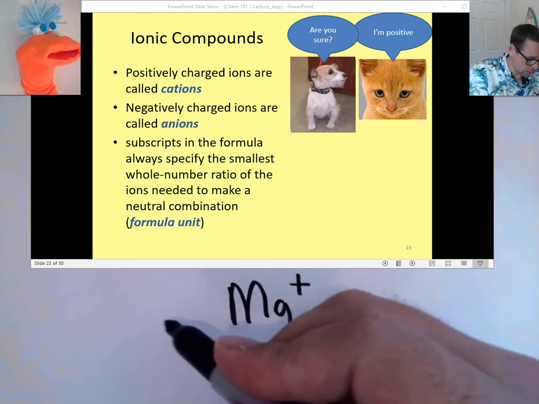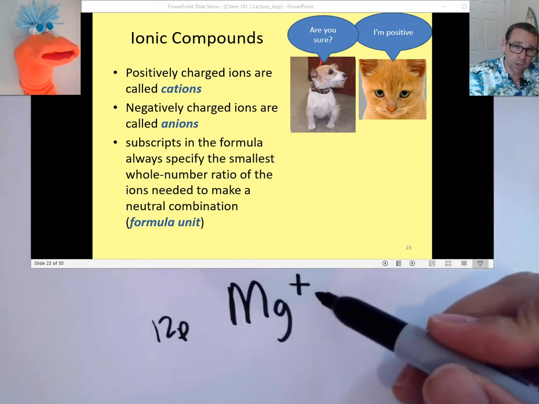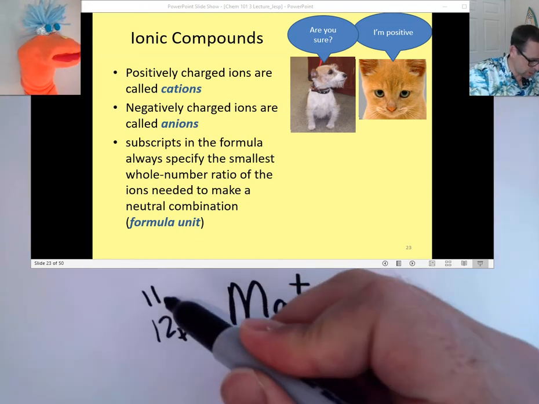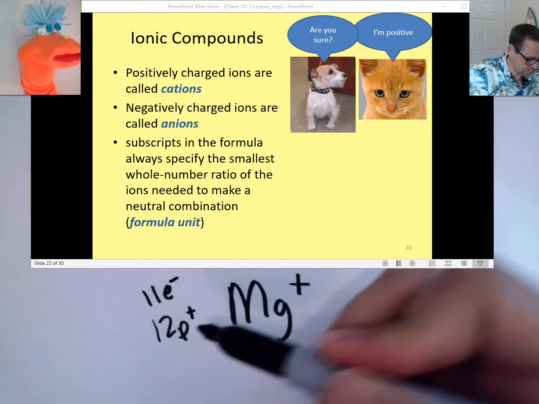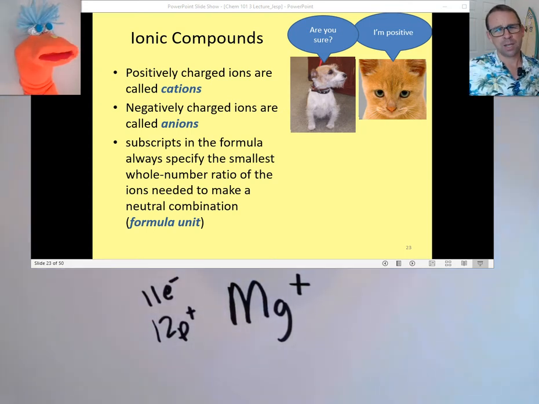So we had 12 protons and 12 electrons, but now with the positive charge, it's indicating that we only have 11 electrons. So we have 12 protons and 11 electrons in that species. And now this atom that had 12 protons and 12 electrons is now an ion.